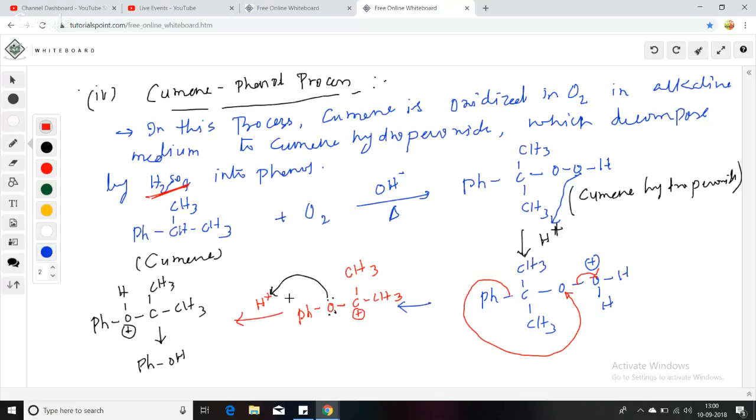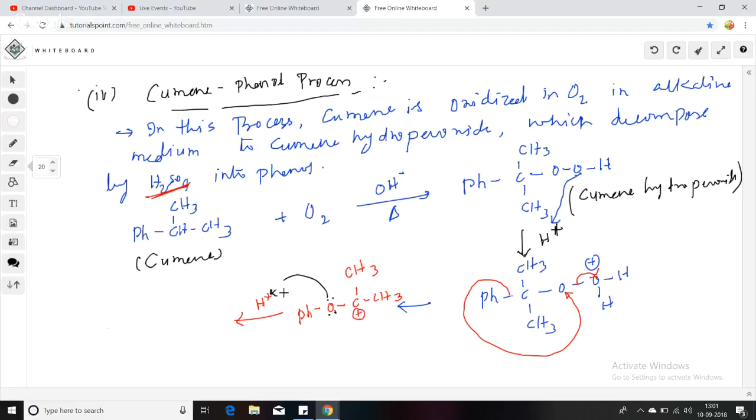So here what happens, I'll just write this again. You see this positive charge, and we have first here H2O, right?